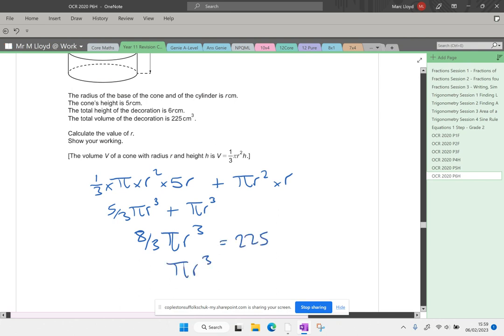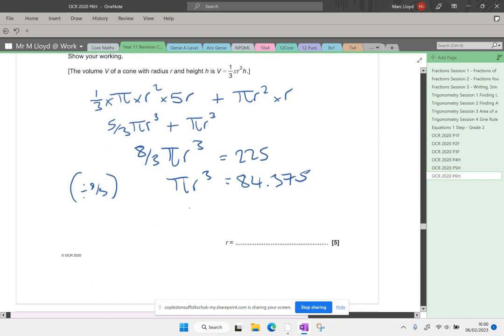So pi r cubed is now going to be 225 divided by the 8 thirds. I'm just going to put that there so my examiner can see what I'm doing. That's 84.375.